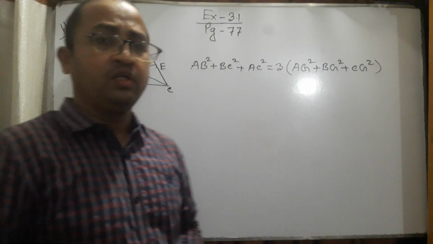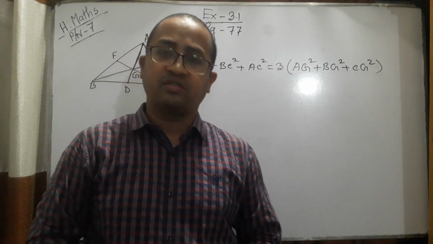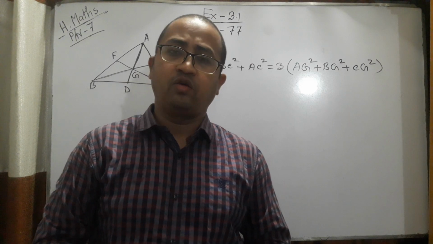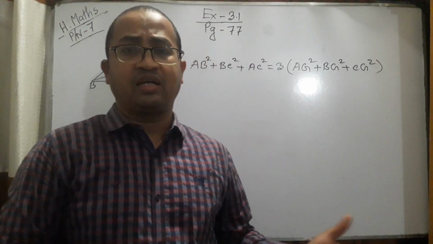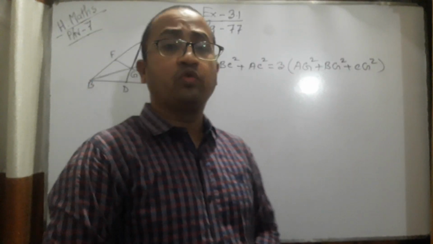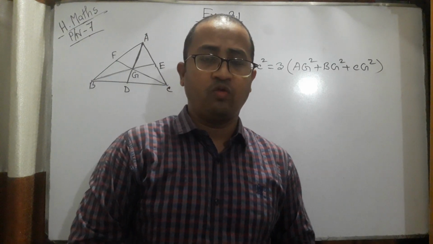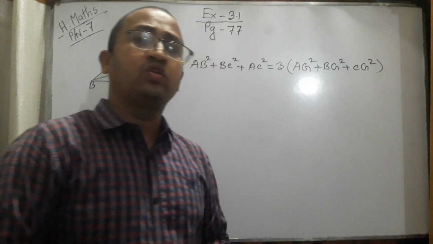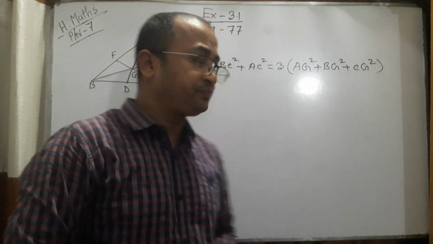Now student, if you want to prove this, at first you should know the Apollonius theorem. I hope that all of you know the Apollonius theorem because the last class I have discussed about this. But I wanted to give you a short reminder. What was it? The Apollonius theorem is, the sum of any two sides of a triangle.